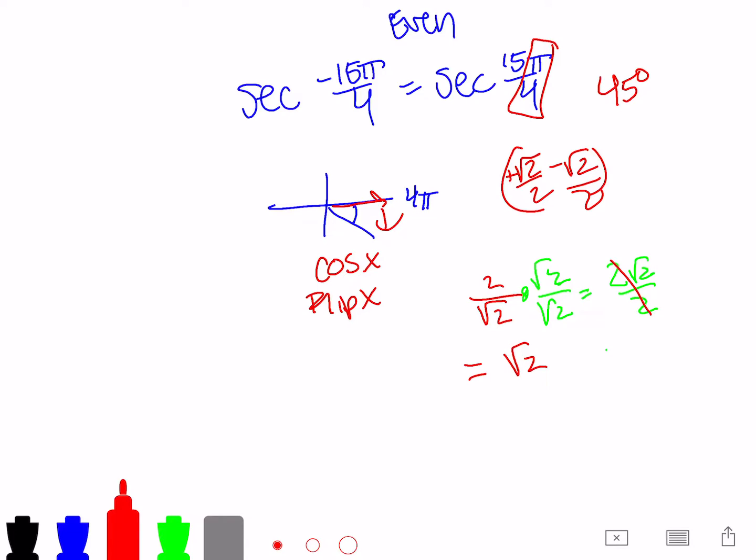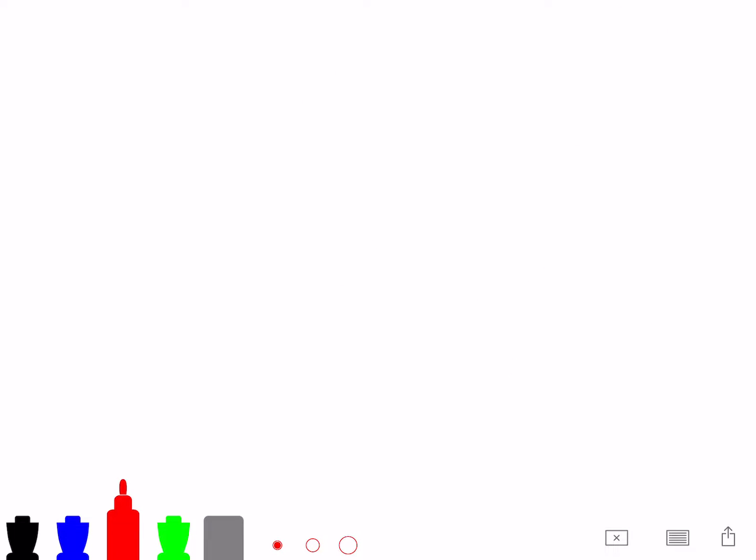So the secant of negative 15 pi fourths is the same as the secant of 15 pi fourths, which is root 2.